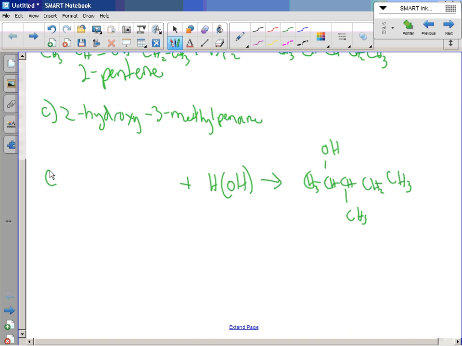So I would put it C with the double bond after that first one, H2, and then this is H, and then CH with the CH3, and then CH2, and CH3. Okay? What's this called?